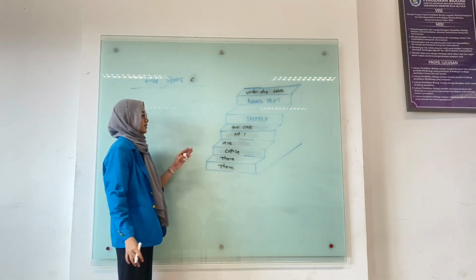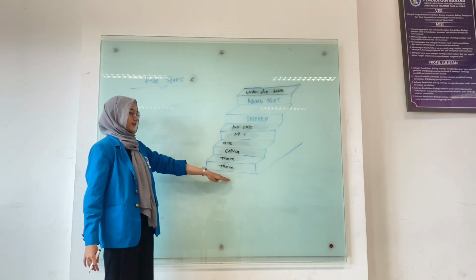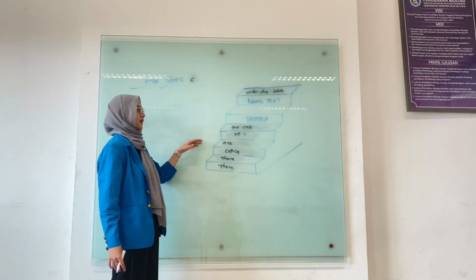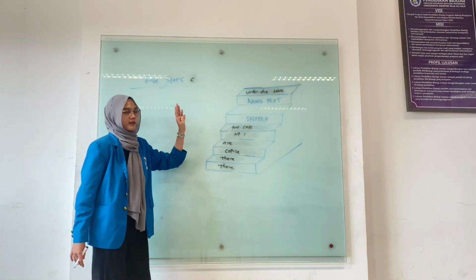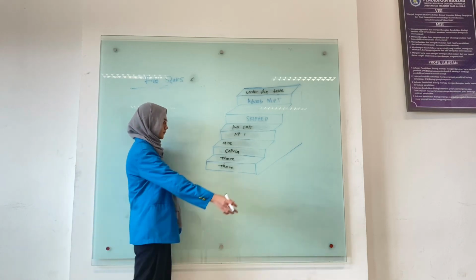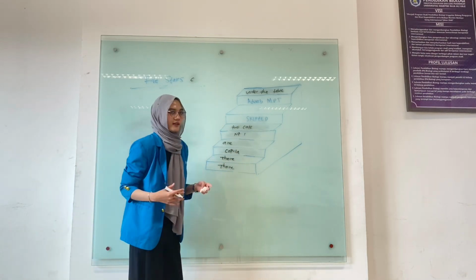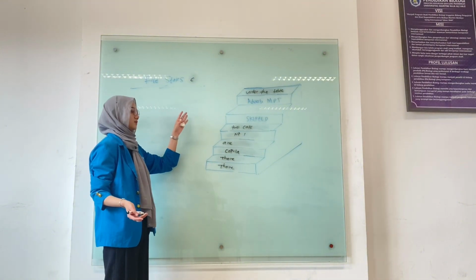So when we construct a C sentence, the formula is there, copula, NP1, and adverb of place. I want to tell that 2 cats exist under the table.